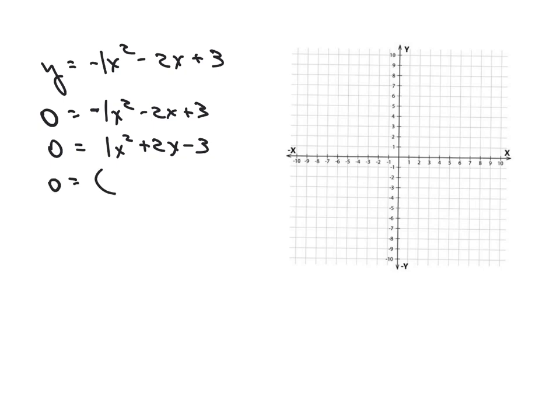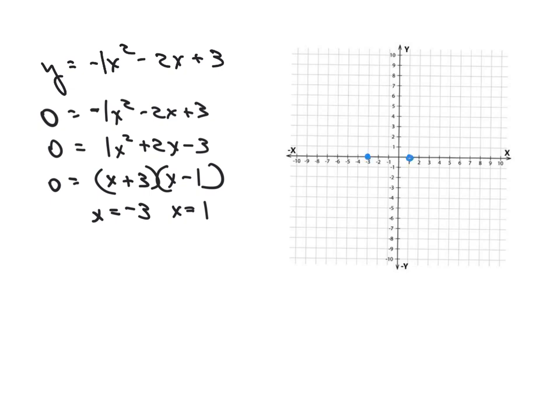Okay, then we're going to see if we can factor it into 2 binomials. If we can't, we're going to have to use quadratic formula. But since this is early in the lesson, we can. So therefore, my x is going to be negative 3, and my x is going to be 1. So I'm going to graph those, negative 3 and 1.